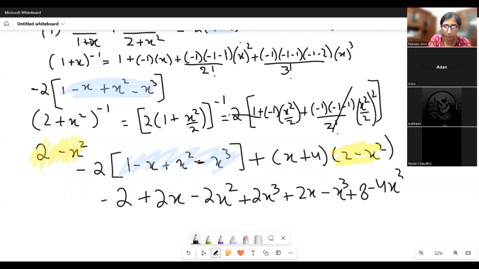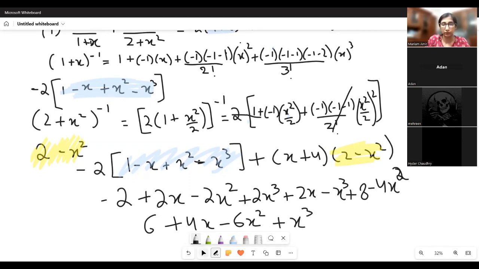The constant is going to be minus 2 plus 8, which is 6. X would be 2x plus 2x, which is 4x. Then it is minus 2x squared, but only the square term. And there's a minus 4x squared in the end. So we have minus 2x squared and minus 4x squared, that is minus 6x squared. And then we have 2x cubed and minus x cubed, so that's plus x cubed.